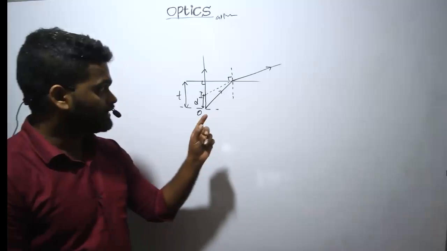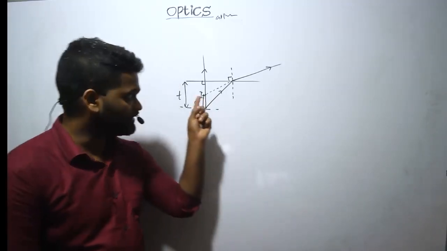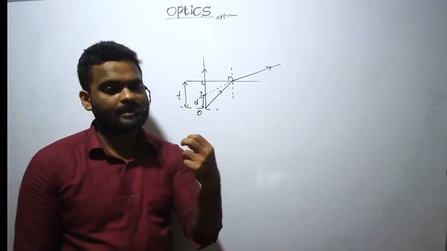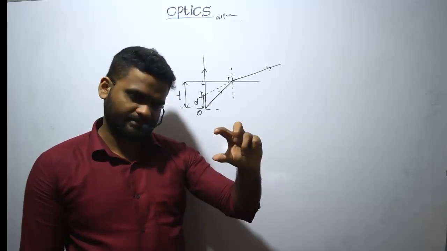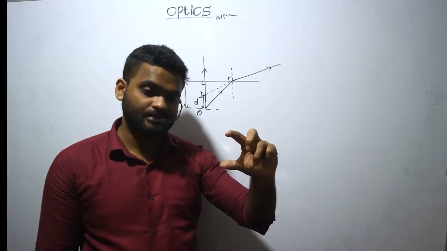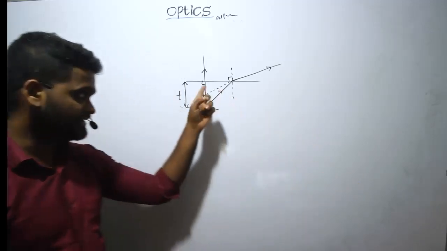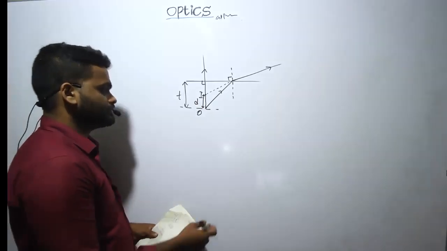So in that case we say it is thickness. Usually we use this for glass slabs, but it is the same thing. Actually, this is real depth.